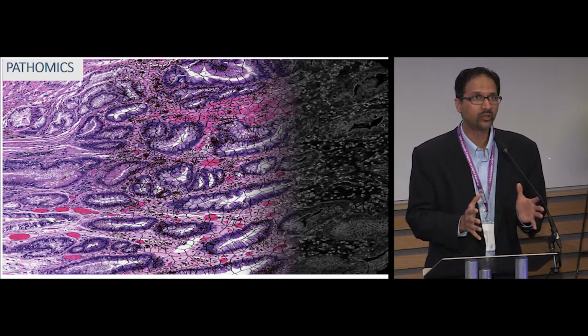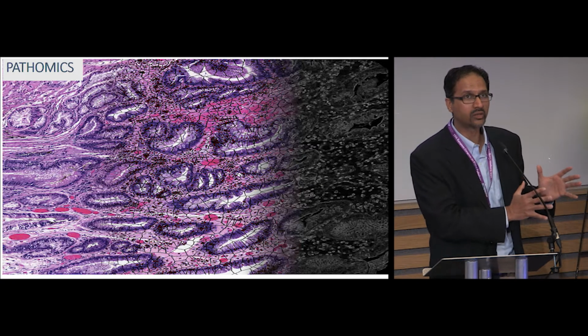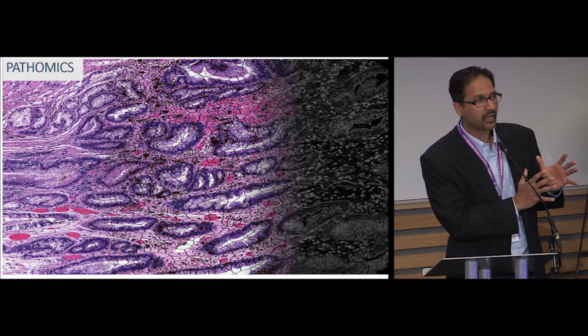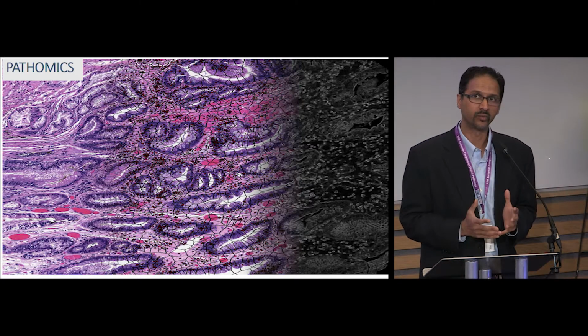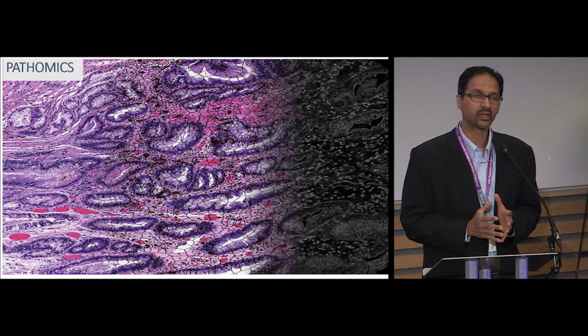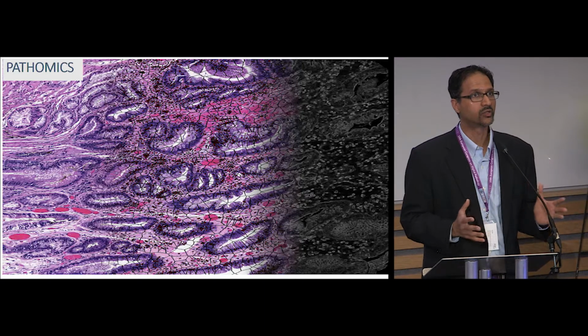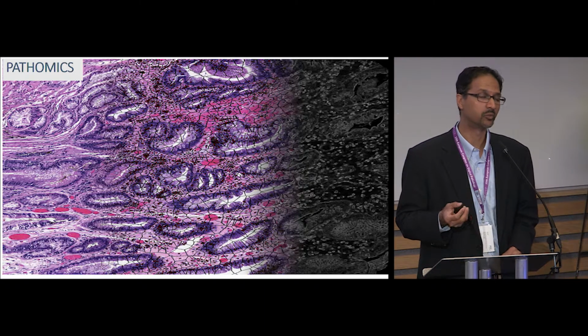And so the beauty of all of this is that you can convert digitally and non-destructively a routine hematoxylin and eosin slide into very rich quantitative information, or what is called a digital stain, that provides a non-destructive digital biomarker reflecting the quantitative appearance of tumor morphology.